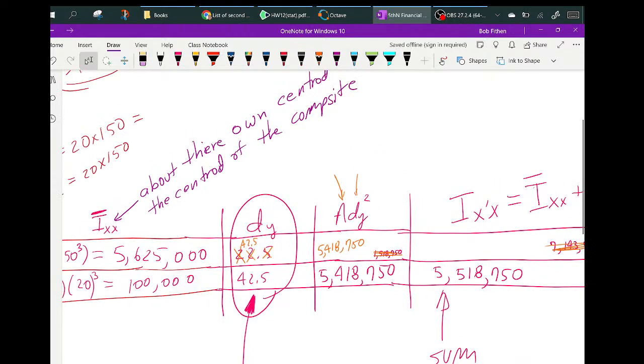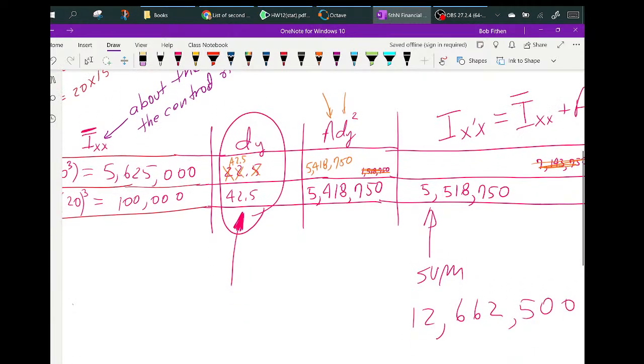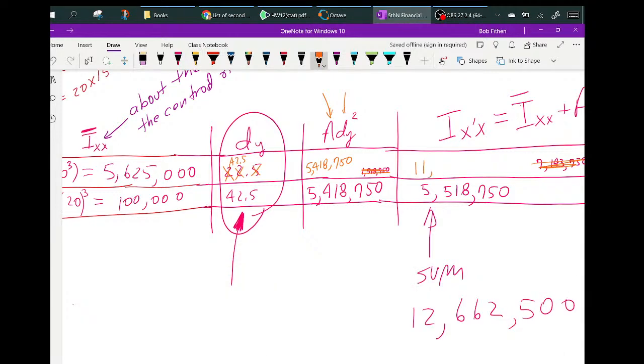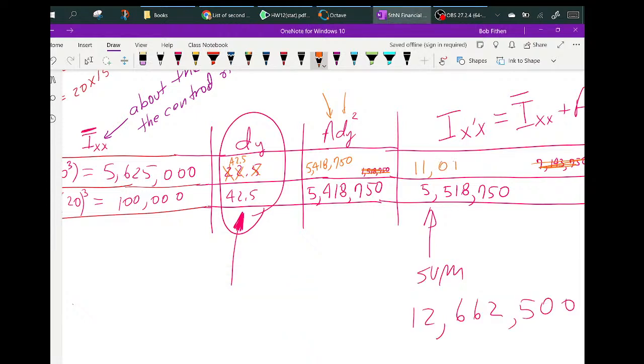Now I'm looking to add this number to that number and put it right here. If I slide up, and then I take 5,625,000 plus 5,418,750 equal to 11, oh, I forgot already. 043,750.